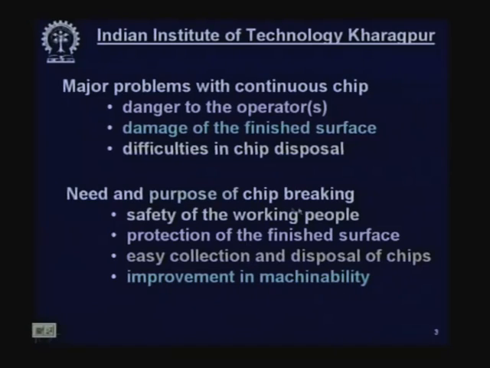These are essential; that is called need. And the purpose is improvement in machinability. So, if we apply a proper chip breaker, it will not only break the chips in a suitable form and provide safety, protection, etc., it will also give good machining, or improved machinability.